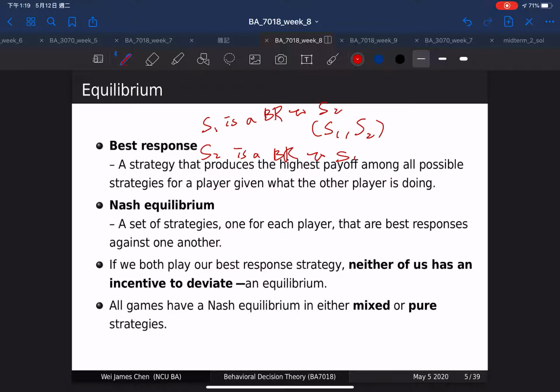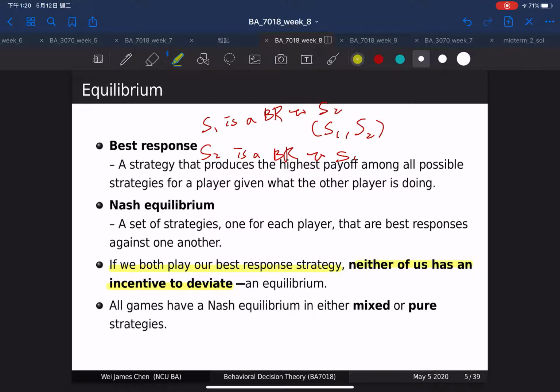Okay? And because of this definition, we have a way of solving it. If we both play our best response strategy, then neither of us has an incentive to deviate. Okay. This idea of equilibrium is taken from physics, sort of. What equilibrium means in physics is usually that something in an equilibrium state will not move.